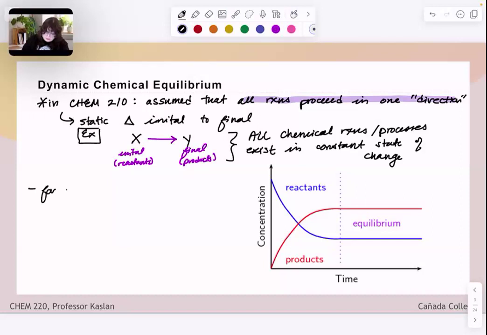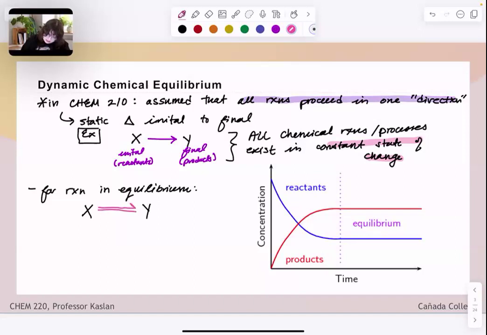So for a reaction in equilibrium, instead of saying X just goes to Y, we would say that the overall chemical reaction of X reacting to Y has a little bit more nuance. This is really a chemical system where we've got not just X going to Y, and that's it, end of story, but rather we have this simultaneous process where X creates Y, and Y also reverts back and recreates X.